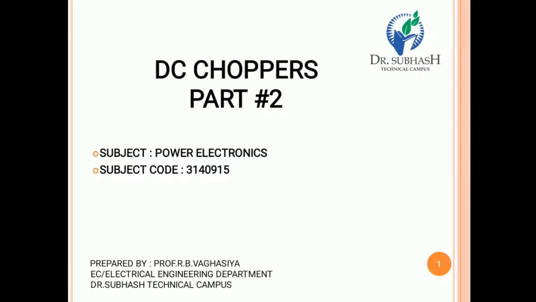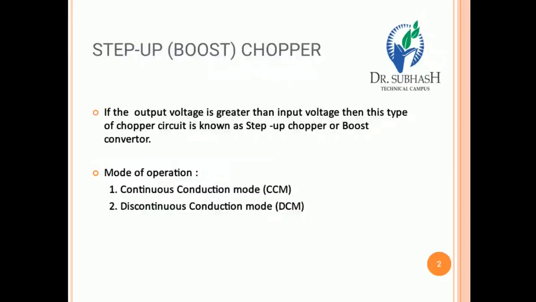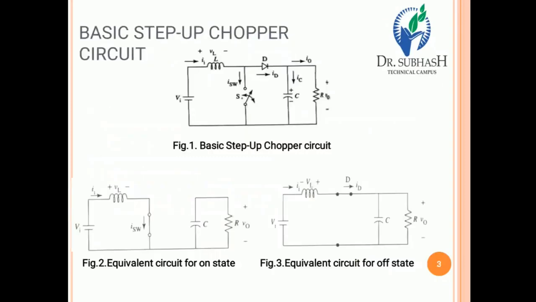In this video lecture we discuss the step up chopper, meaning the output voltage is greater than the input voltage. This type of chopper circuit is known as a boost chopper circuit, otherwise also known as a step up chopper.